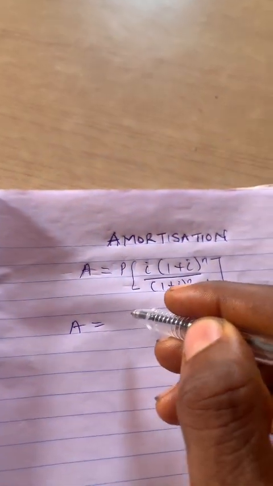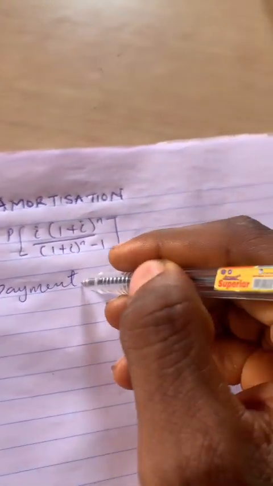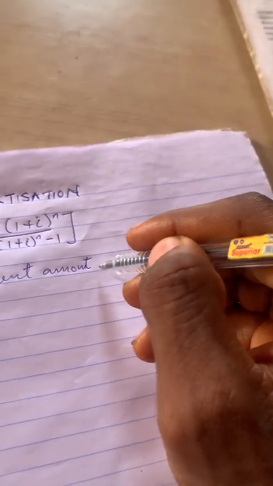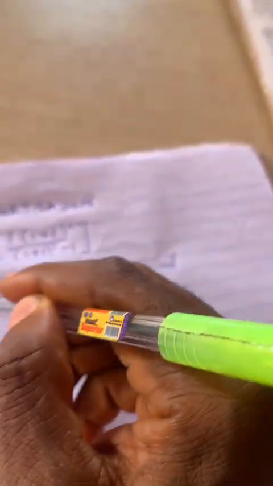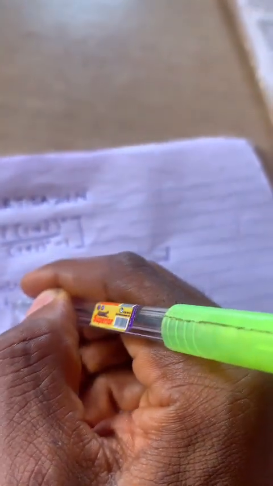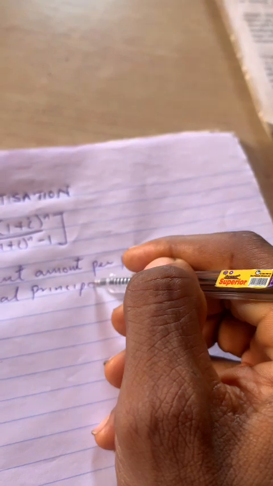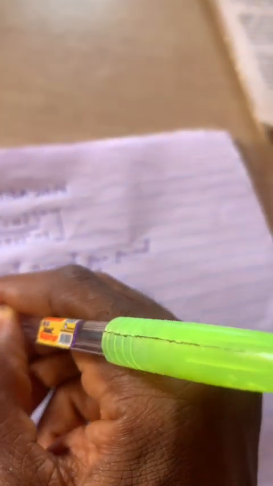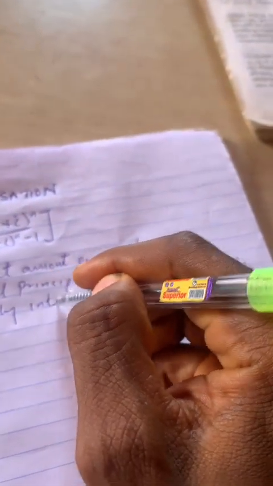A is the payment amount per period, and P is your initial principal, and your R is the monthly interest rate.